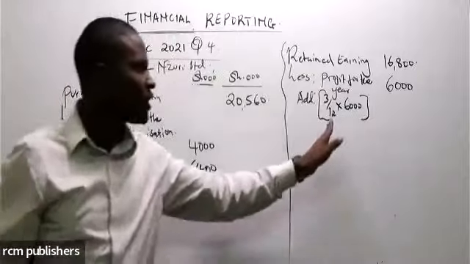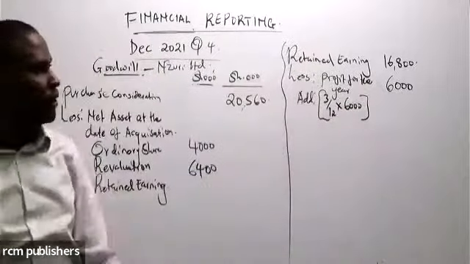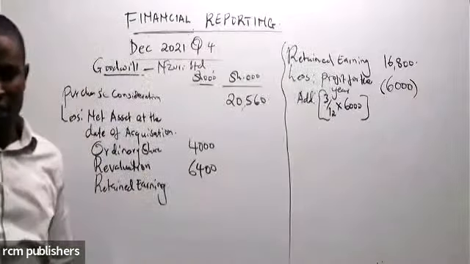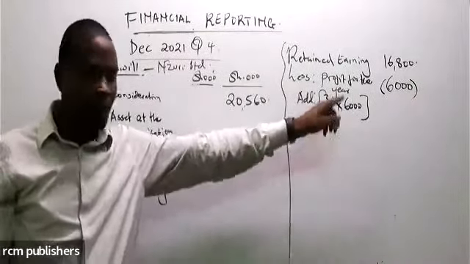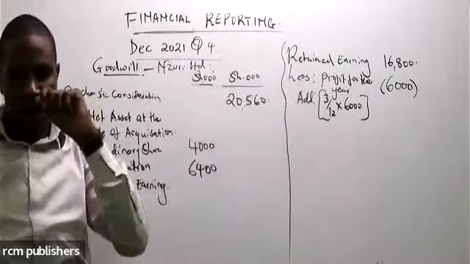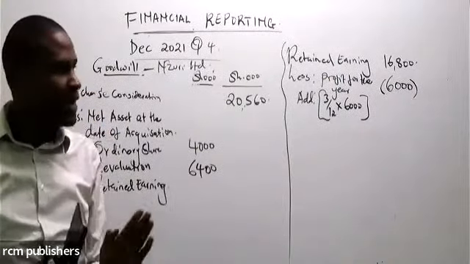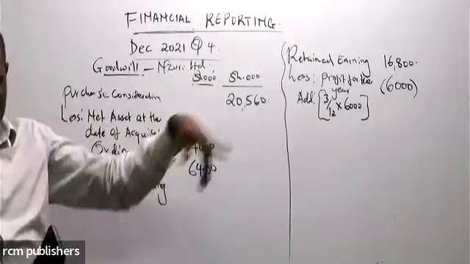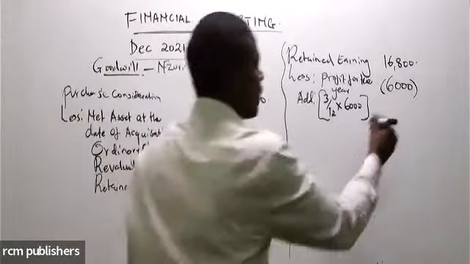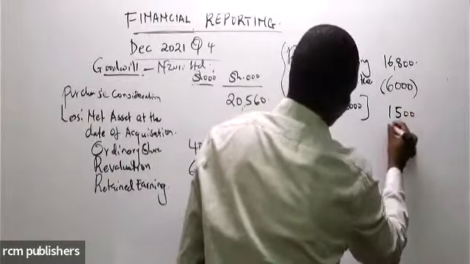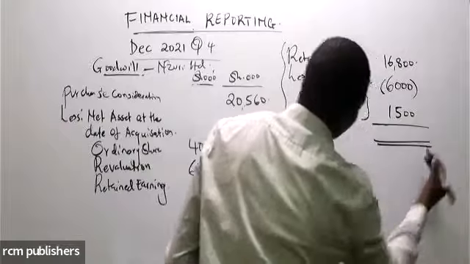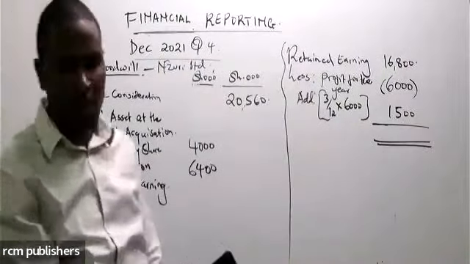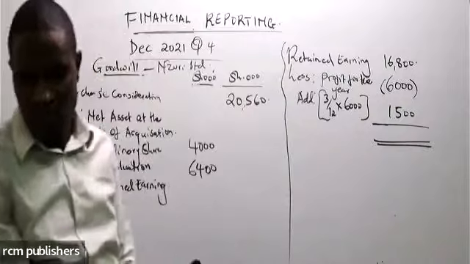Make a bracket so that we don't miss it. 3/12 of 6,000 is 1,500. Now the retained earning would be: add for me 16,800 minus 6,000 plus 1,500. How much will that be?